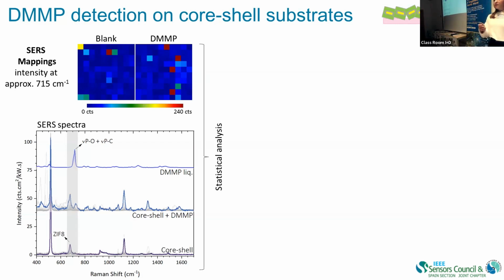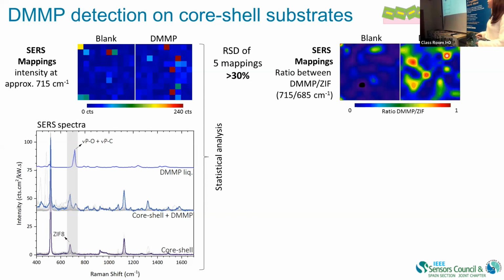And the statistical analysis has shown us, if I take this whole mapping, average it in one single spectrum, and then take these 5 different spectra and calculate the relative standard deviation for the presence of the sarin peak, we see that this variation goes higher than 30%. So we have not only an inhomogeneous substrate surface, but also inhomogeneity between different areas of the surface. However, if we do a further analysis and calculate the ratio between the intensity of the DMMP peak and the ZIF8 peak, we can understand better how the distribution of the signal goes.